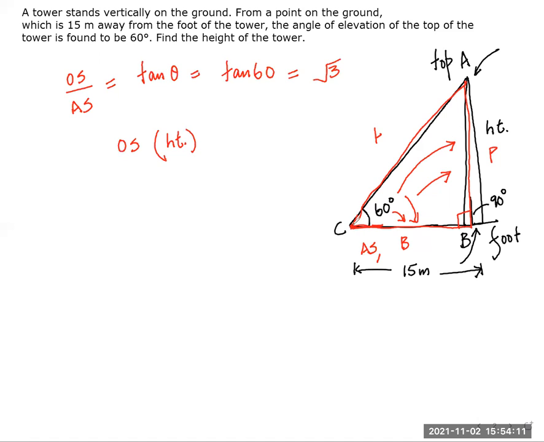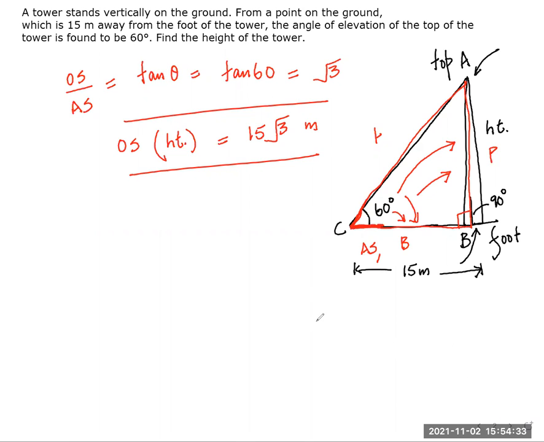This side is not touching this angle. So opposite side will be equal to AS, adjacent side 15, into under root 3. So this is also one way you can find out the height directly. Or by cot theta also you can. All right, this we have done.